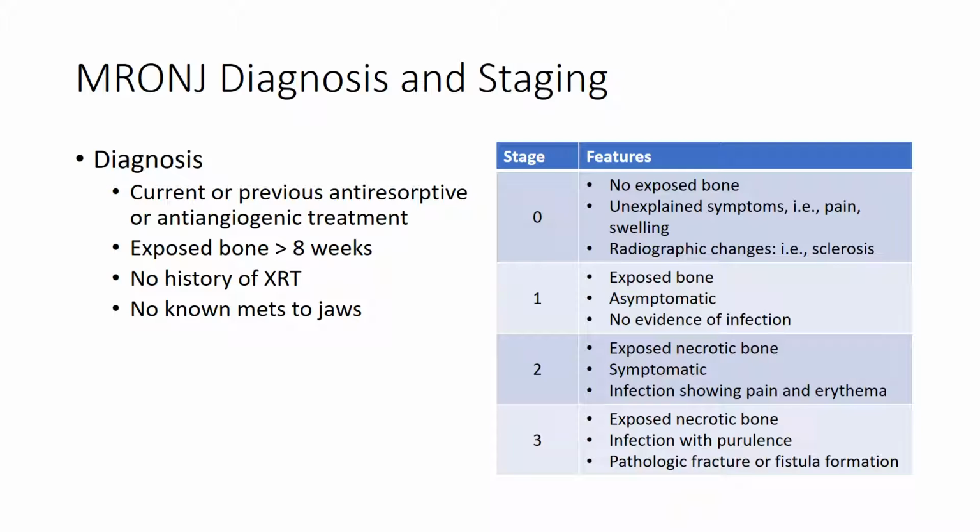The patient is very symptomatic, and there's infection and erythema present clinically. As you move up in the staging, more surgical treatment is required. Stage 3 involves exposed bone, infection with purulence, and then often there's pathologic fracture or fistula formation. And sometimes these patients not only need debridement, but sometimes resection.